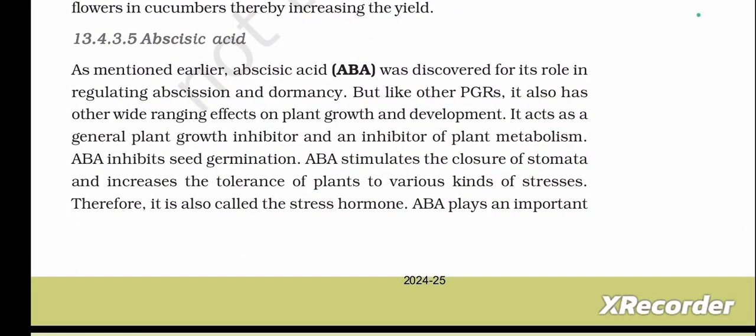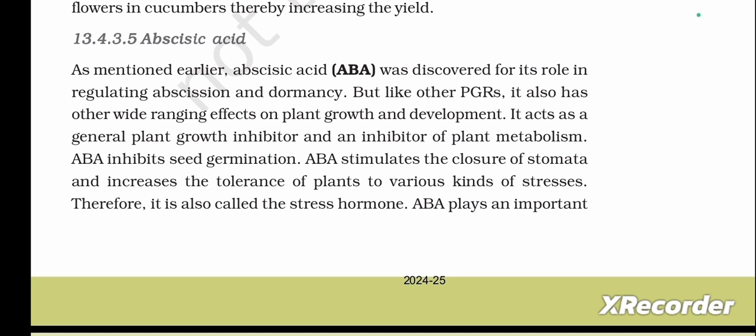Next is abscisic acid. As mentioned earlier, abscisic acid, ABA, was discovered for its role in regulating abscission and dormancy. But like other PGRs, it also has other wide-ranging effects on plant growth and development. It acts as a general plant growth inhibitor and an inhibitor of plant metabolism. ABA inhibits seed germination.